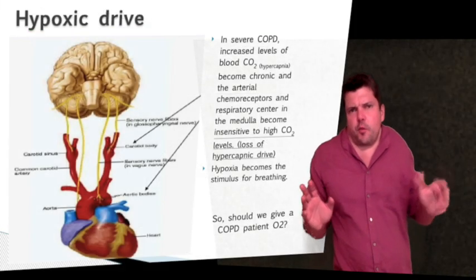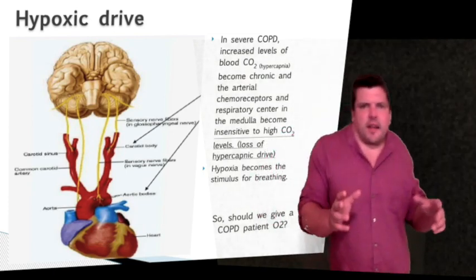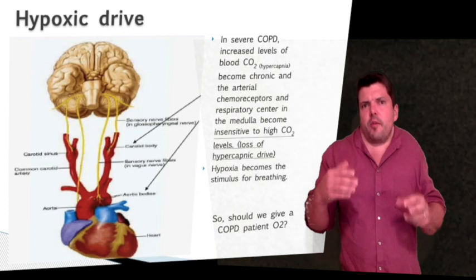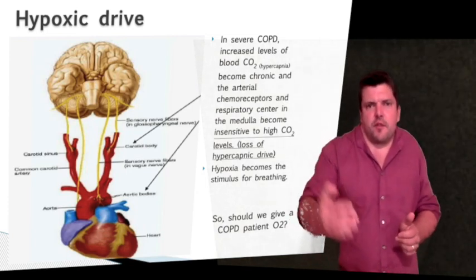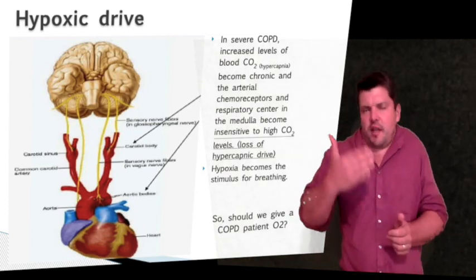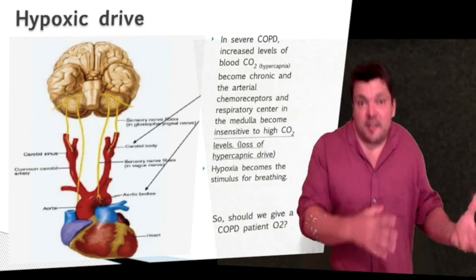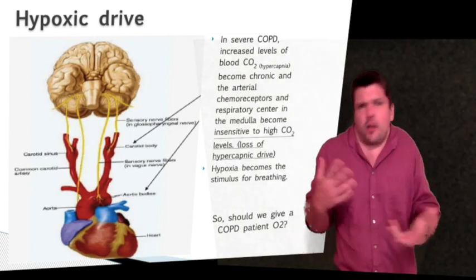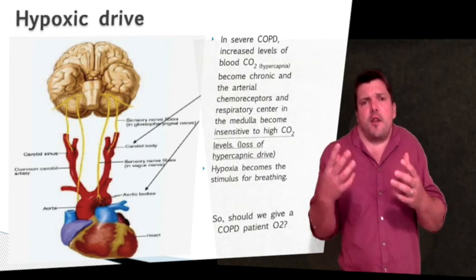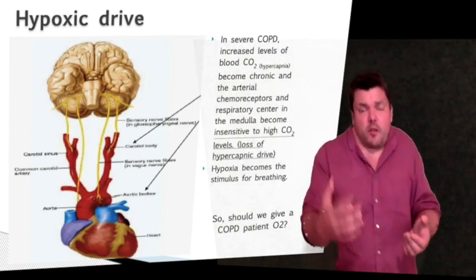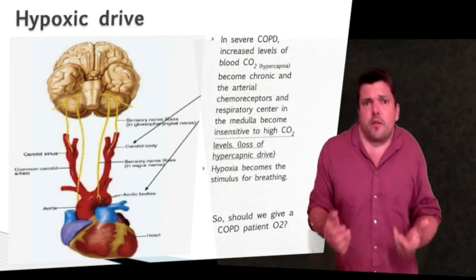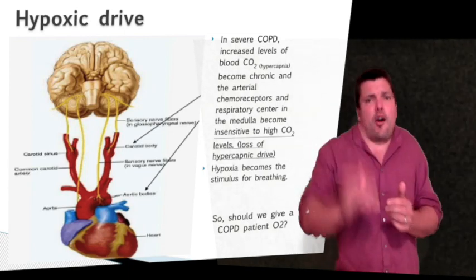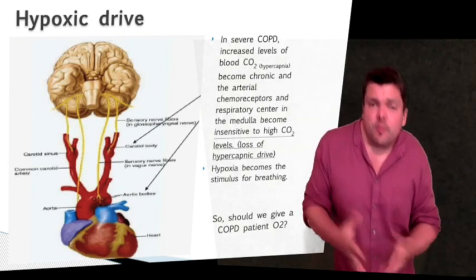I just want to focus for one quick second on hypoxic drive. In A&P, you learned about CO2 blood levels and how that created ventilation automaticity. In patients with chronic hypercapnia, that no longer functions in terms of driving ventilation. Those patients eventually switch over to a hypoxic state as their drive to regulate how quickly or slowly they need to breathe.